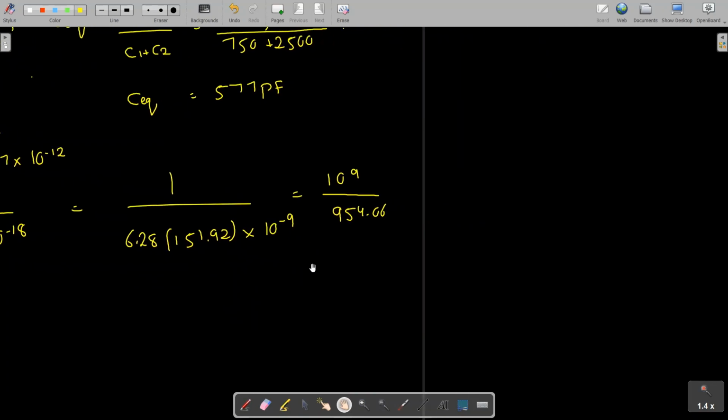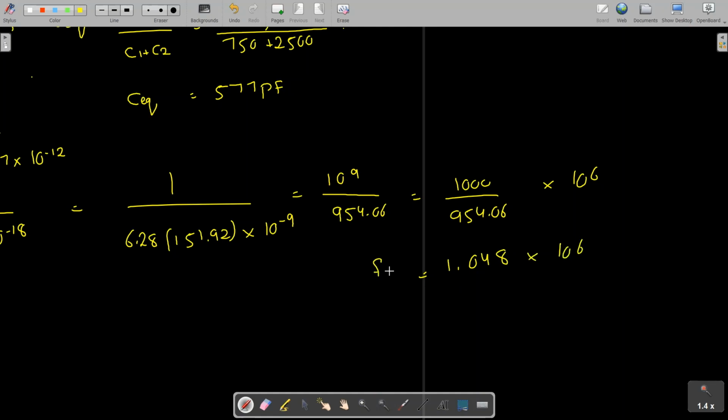So I can say that 1000 divided by 954.06, 1000 is 10 raised to power 3 multiplied by 10 raised to power 6, because 10 raised to power 3 and 10 raised to power 6 is 10 raised to power 9. And this 1000 divided by 954.06 is your 1.048 multiplied by 10 raised to power 6.